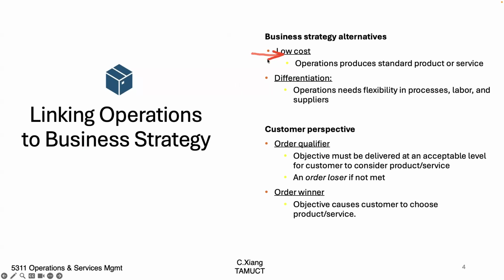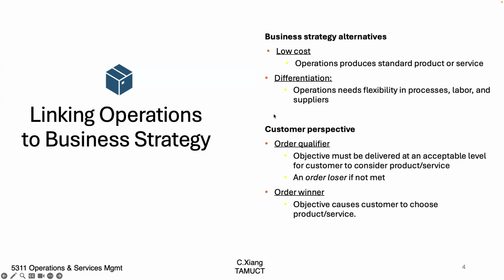From a business strategy perspective, firms typically choose among a few broad strategic directions. One of the most common examples is low-cost strategy. If a firm pursues low cost, it expects operations to produce highly standardized products and services. Only through standardization and efficiency can low cost be achieved.